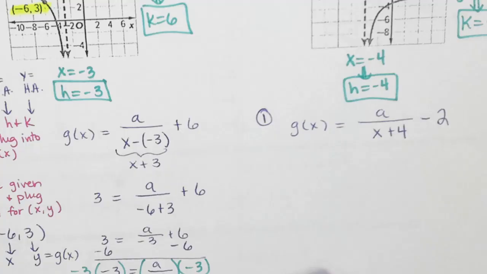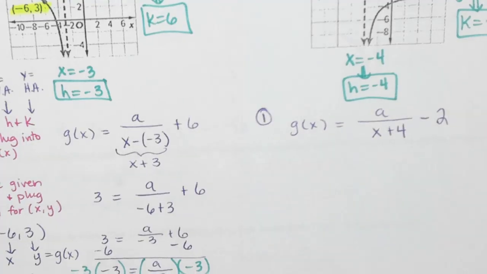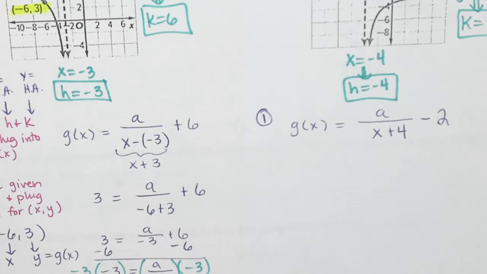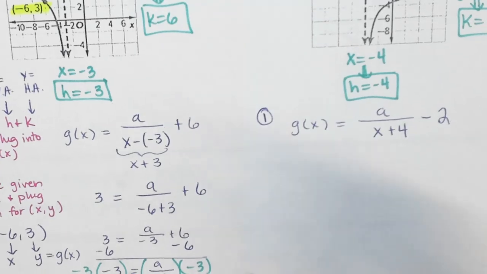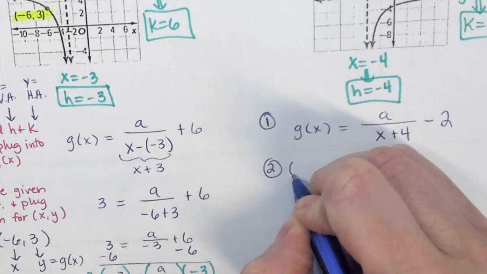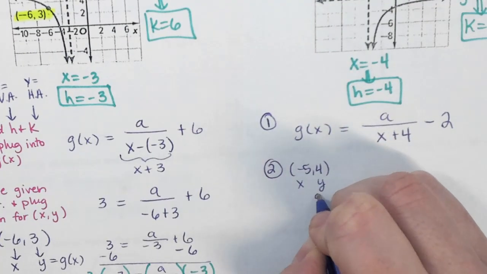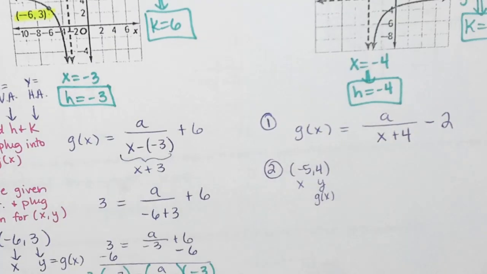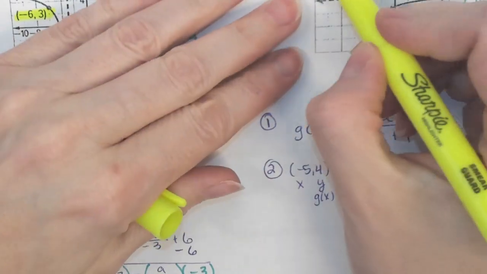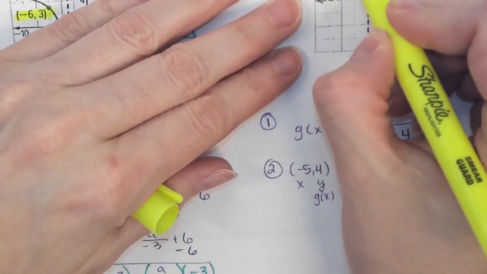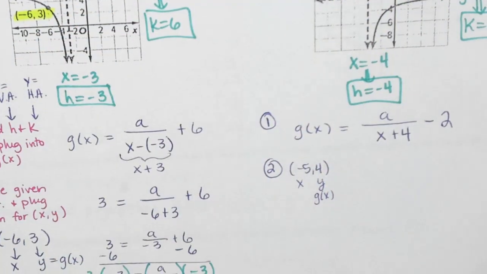And then I have minus 2. Okay, and then from there, we are going to use the given point. Okay, so the point that they give you is negative 5, 4. Okay, so they go in for x and y or x and g of x. Okay, x is your input, g of x is your output.